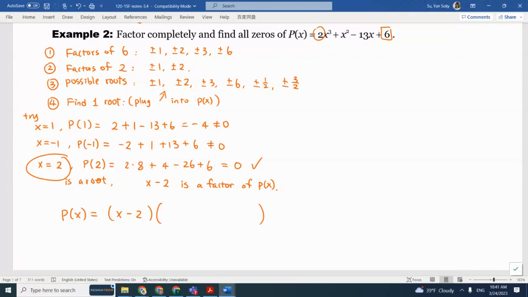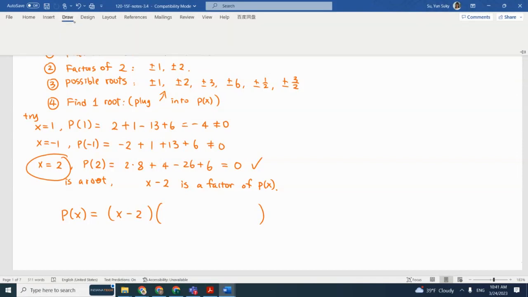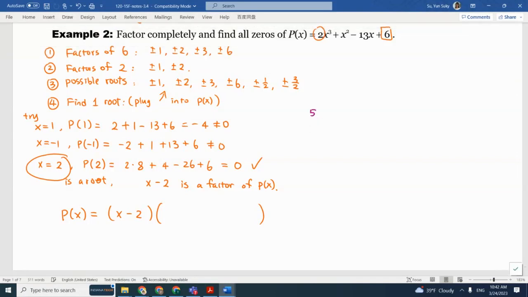Okay, everybody? So let's do synthetic division. Let me call this step 5: use long division or synthetic division. What's the root? 2. And the polynomial is 2, 1, negative 13, 6.